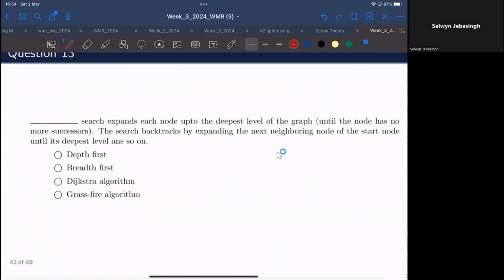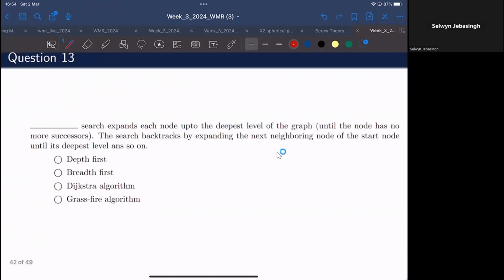Moving on to question 13. This is also about a graph search question. So dash search expands the node up to the deepest level of the graph until the node has no more successors. The search backtracks by expanding the next neighboring node of the start node until its deepest level, and so on. Again, we have seen this exact definition before on one of the previous slides.